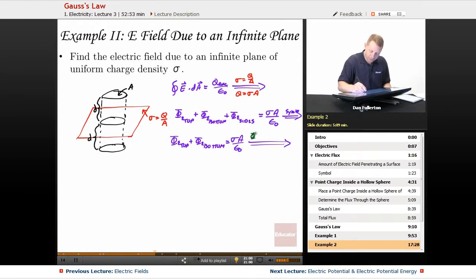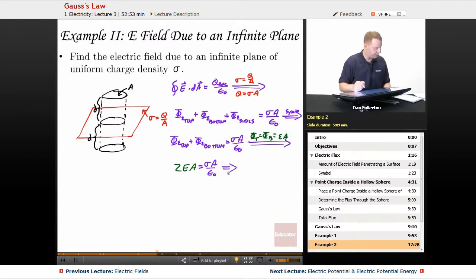So the flux through the top equals the flux through the bottom, which, by the way, has to be the electric field at that point times the area. So that's equal to EA. So flux through the top EA plus flux through the bottom EA gives us 2EA, which must equal sigma A over epsilon naught.